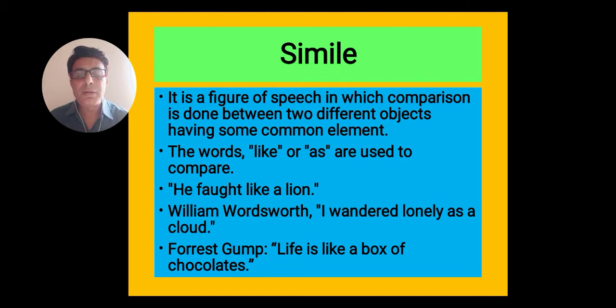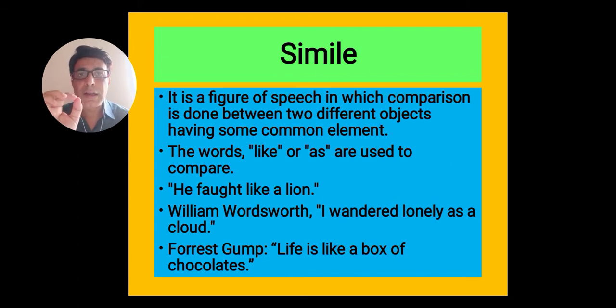Say for example, a poet compares the face of his lady with the moon. So the moon is one object and the face of the lady is another object. But what is the common element between these two? Both are fair and beautiful. So fairness or beauty is the common element, and that's why the poet may compare the face of the lady with the moon.